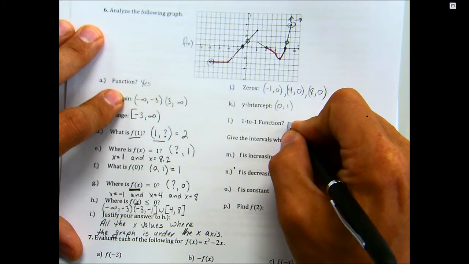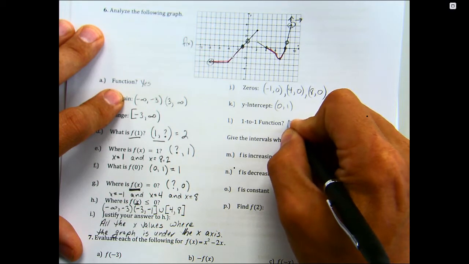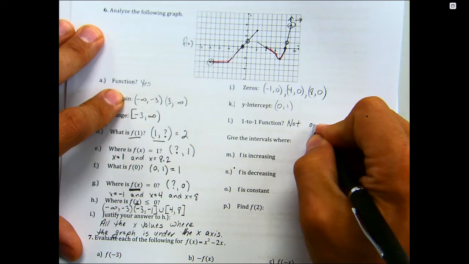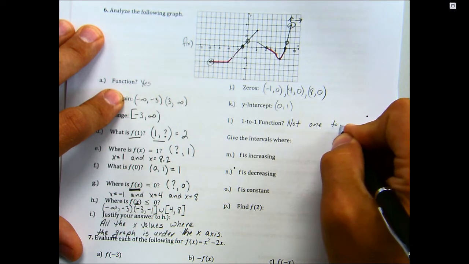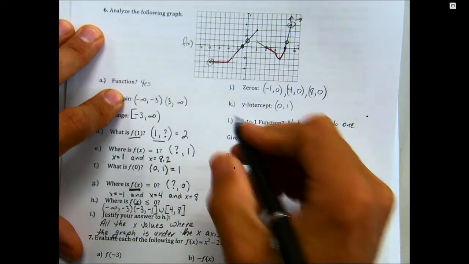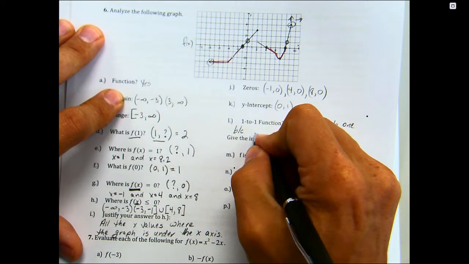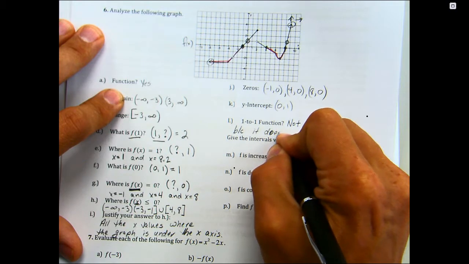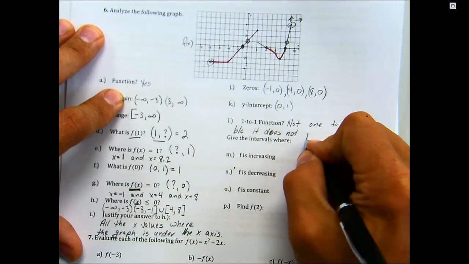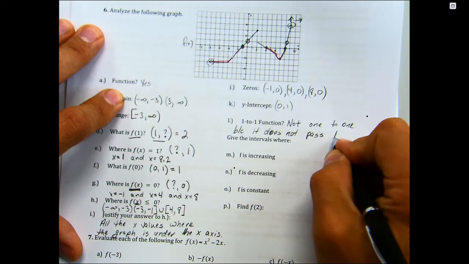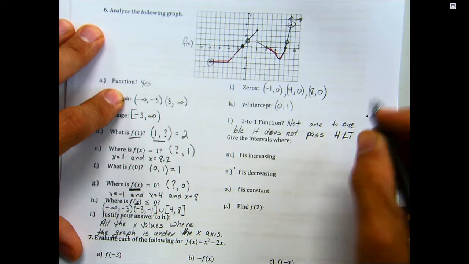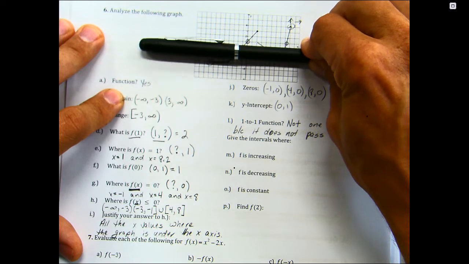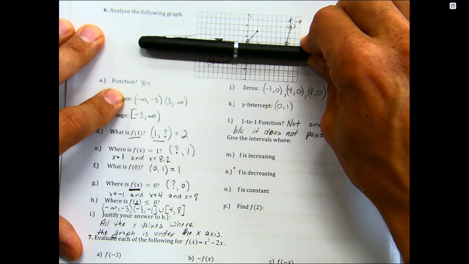So this function does not pass the horizontal line test, so it is not 1 to 1, because it does not pass the horizontal line test, right? I can put a horizontal line down and it crosses the graph in multiple places, okay?